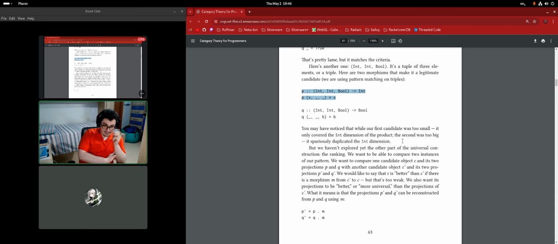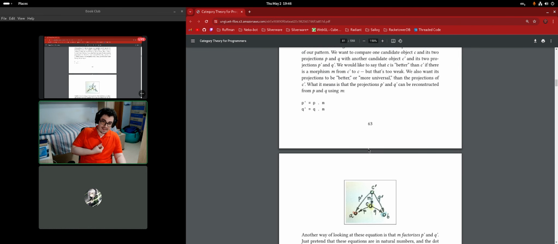What it means is that the projections P prime and Q prime can be constructed from P and Q using M. So basically, if your projections are utilizing my projections, I'm better. So if we can define P prime and Q prime as a composition with M, that means that the one with this P and this Q is better than the one with the P prime and Q prime.